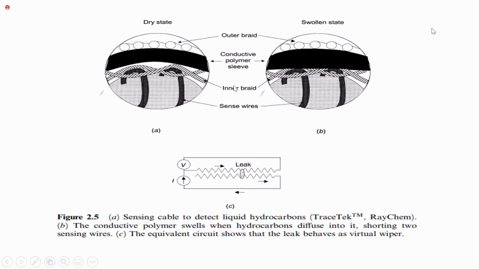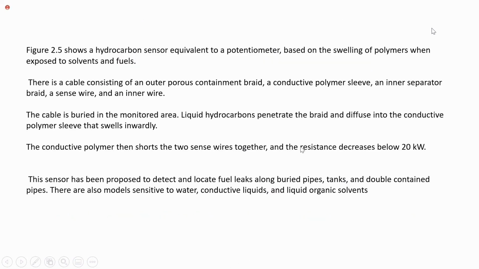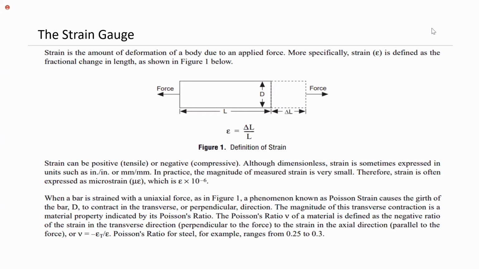So here we have a sensor which can vary its resistance depending on the availability of the hydrocarbons. So once again, we will see potentiometer details, then we can go to the strain gauge.